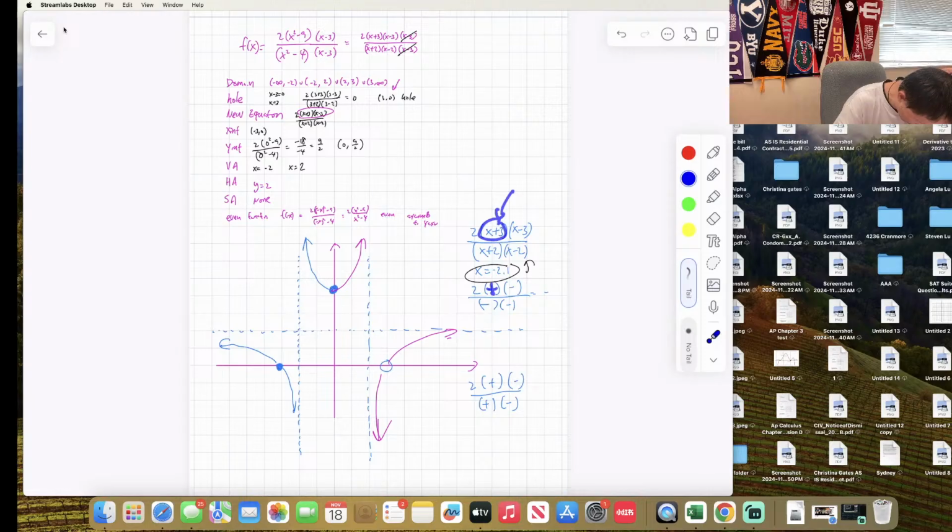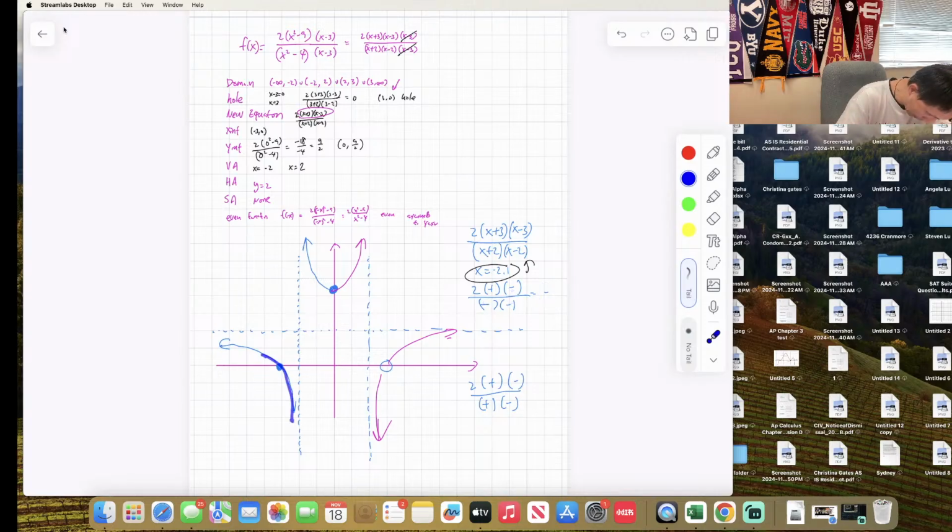Does that make sense? Negative 2.1, is that negative or positive? Negative. So that's negative. Negative 2.1 plus 2, is that positive or negative? Negative. And negative 2.1 plugged in here is still negative. So we got 3 negative signs, so the end result should be negative.